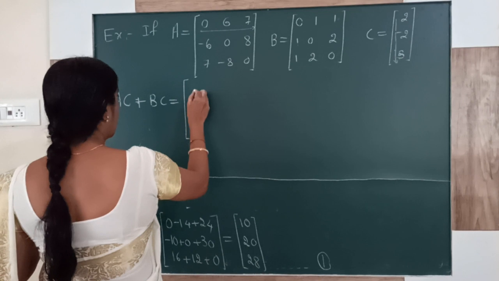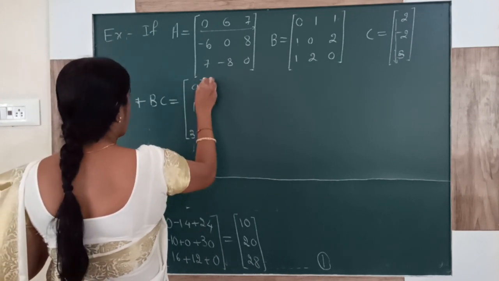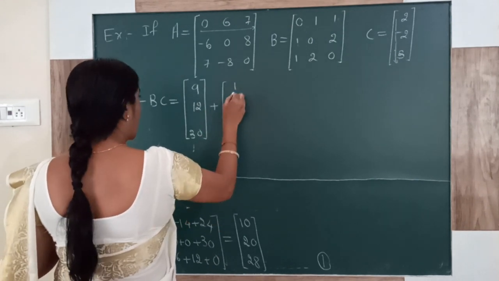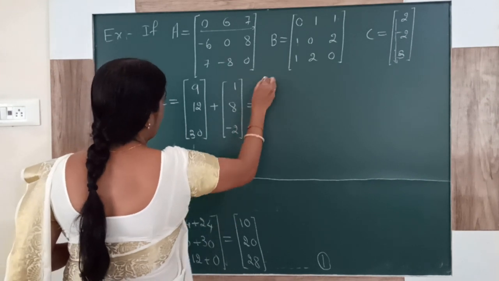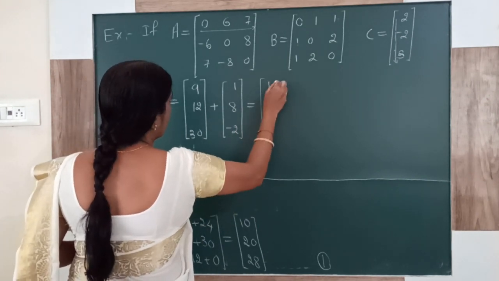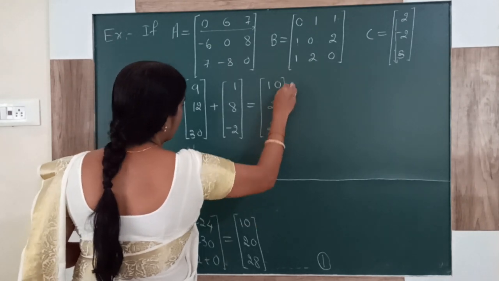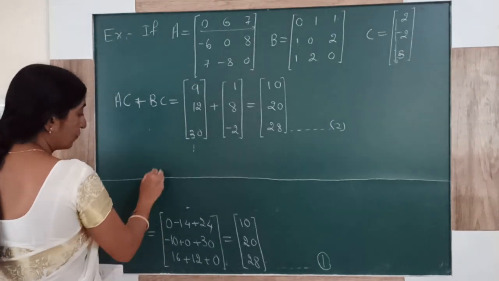What is AC? AC is 9, 12, 30. And what is BC? BC is 1, 8, minus 2. Already we did that. Just add this. It is 10, it is 20, this is 28. This is equation 2. Now compare equation 1 and 2.